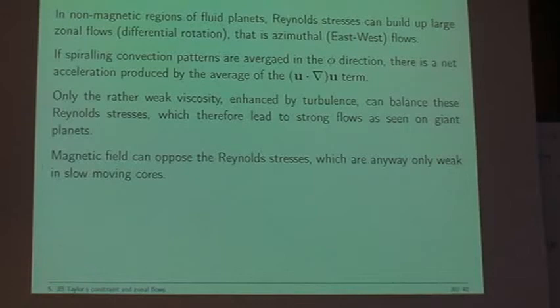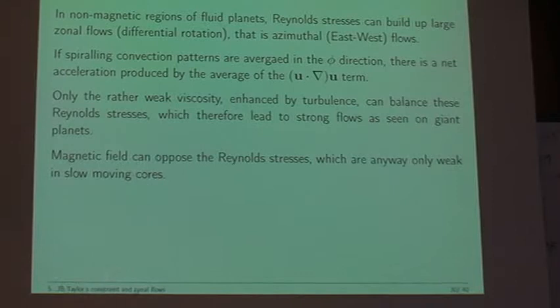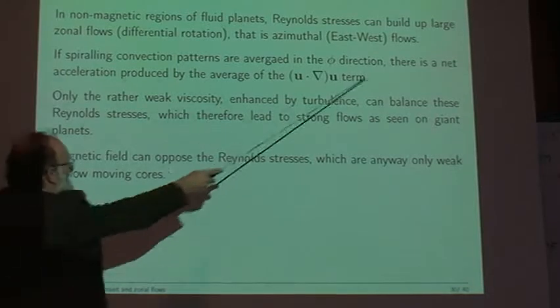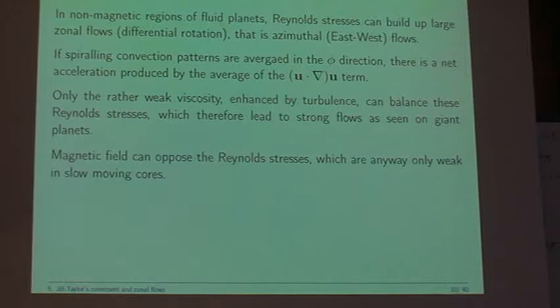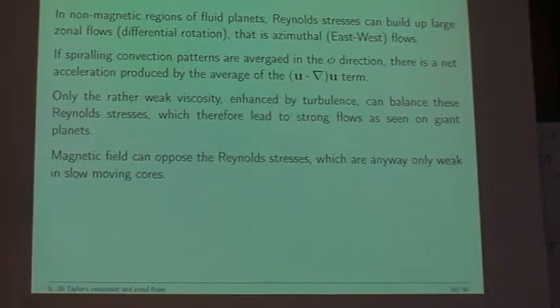I mentioned these zonal flows a bit before. So if you average the spiraling convections over phi, you get a net acceleration produced by u dot grad u, which is the Reynolds stress. And in planets like Jupiter, that drives a big zonal flow, much, much bigger than any of the convection flows that are actually existing.